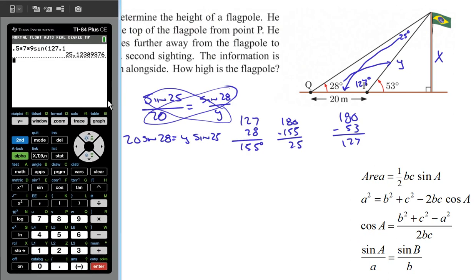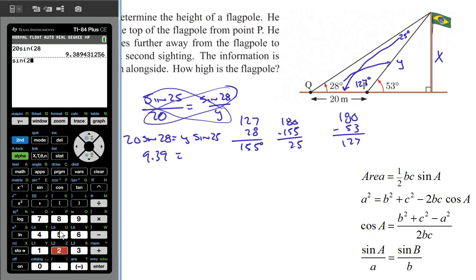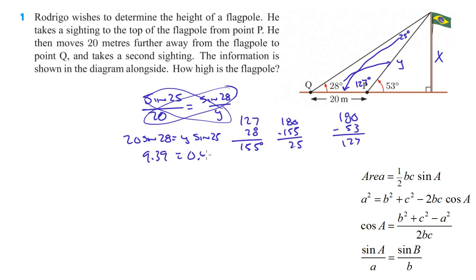So 20 sine 28 is 9.39, we'll call it. And then sine of 25 is 0.423. 0.423y. So divide both sides by 0.423.